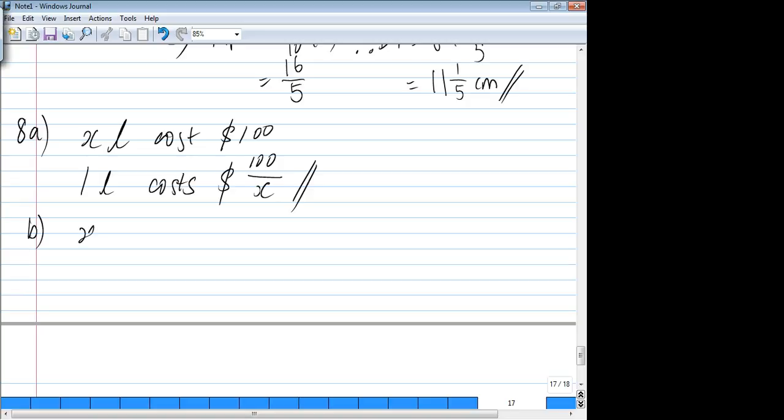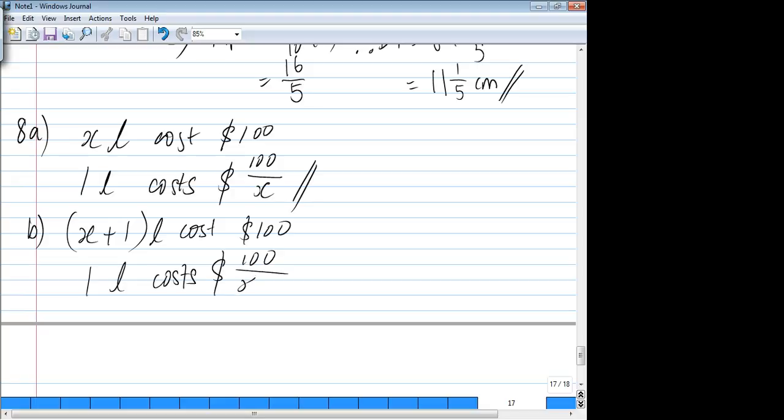So X plus 1 liters cost $100. So 1 liter cost 100 over X plus 1. Okay, this is for 2014 and this is for 2015.